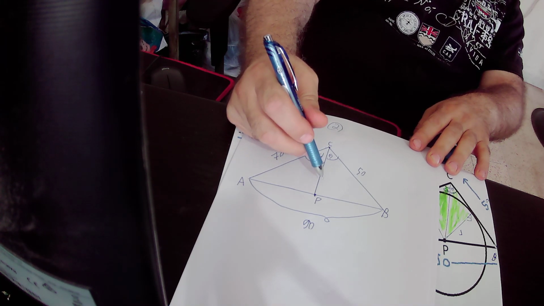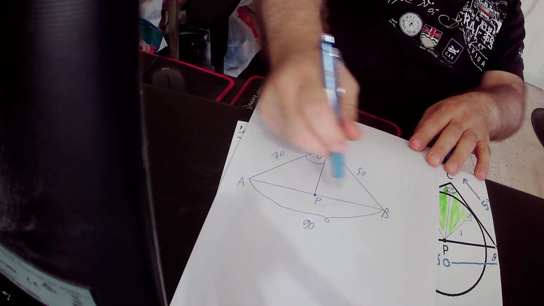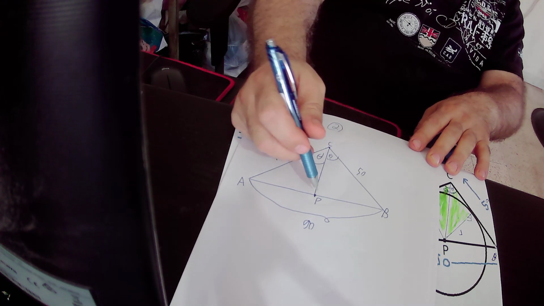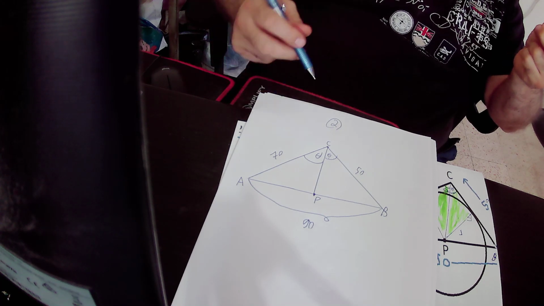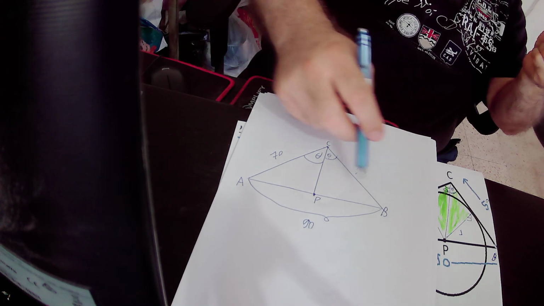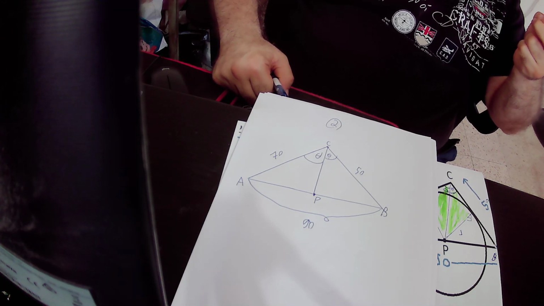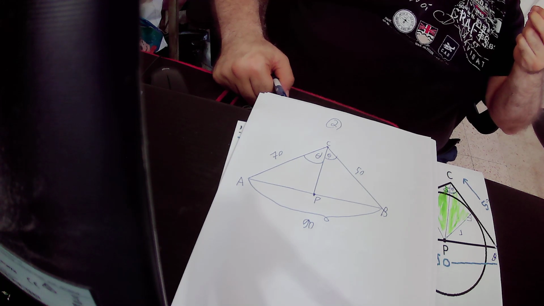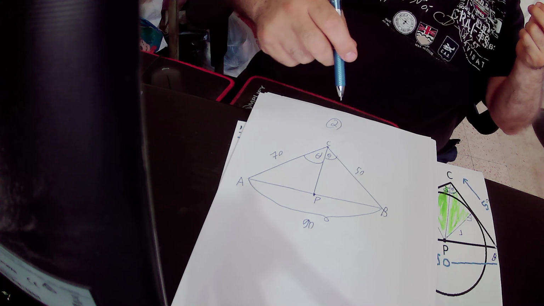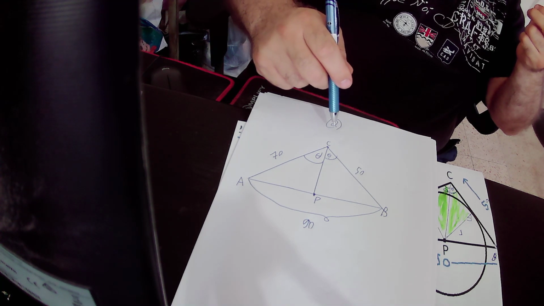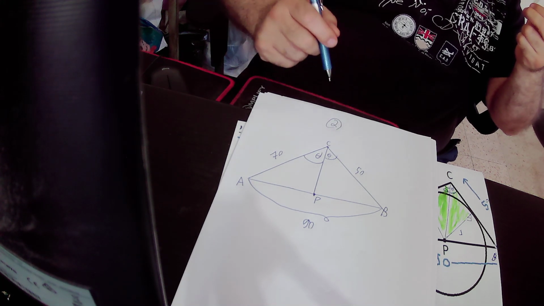PC, the bisector angle, hits side AB in point P, and the theorem says that it divides side AB in a ratio that equals the ratio of the angle's sides.